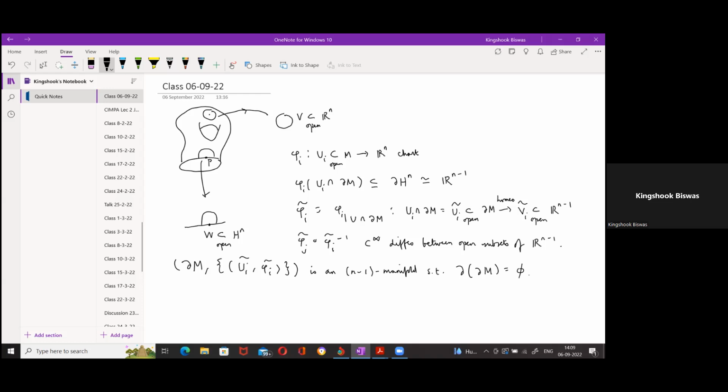So this fact that boundary of boundary M is empty, this is in fact the motivation. This was Poincaré's motivation for homology. Okay, I mean, Poincaré is one of the founders of algebraic topology, and his motivation for defining homology was this observation that the boundary of the boundary is empty. Okay.